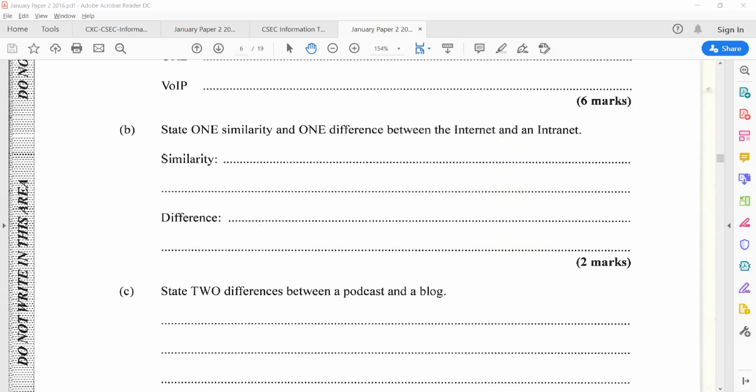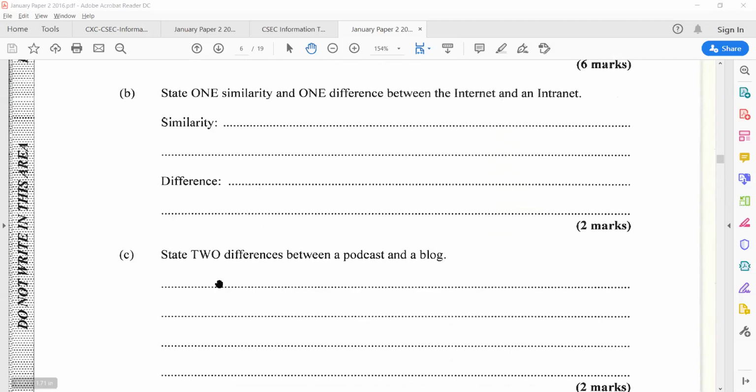In terms of similarity, they both allow users connected to send messages to other users and use a browser to access information such as web pages. Right, so that's a similarity and a difference. You will assign 1 mark for each one.